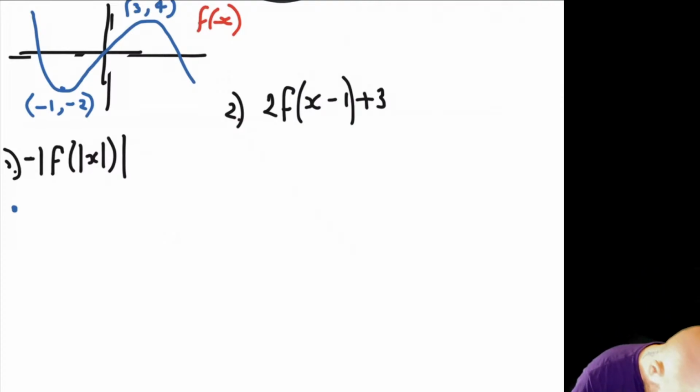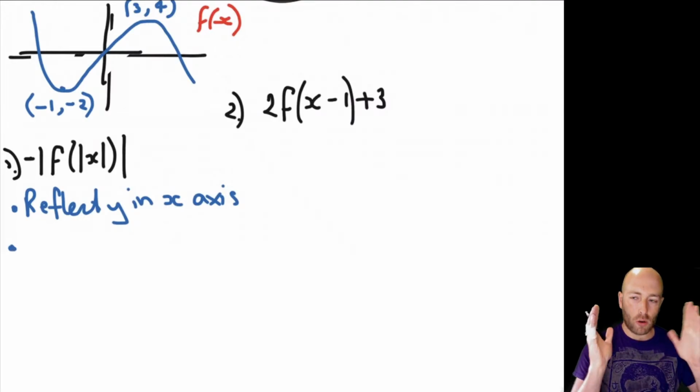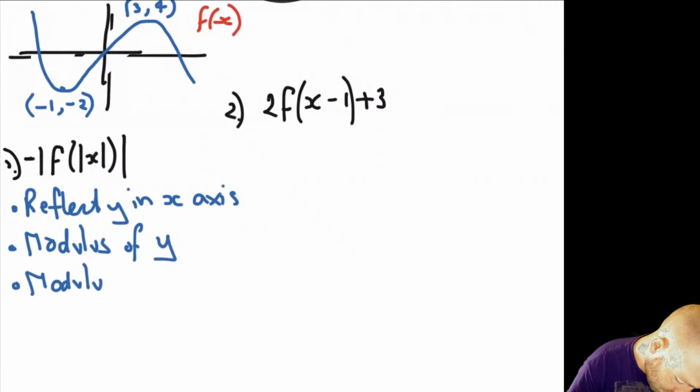So we can reflect y in the x axis. We've got a modulus over the whole thing. So we've got a modulus of y. And we've also got a modulus of x in there as well.